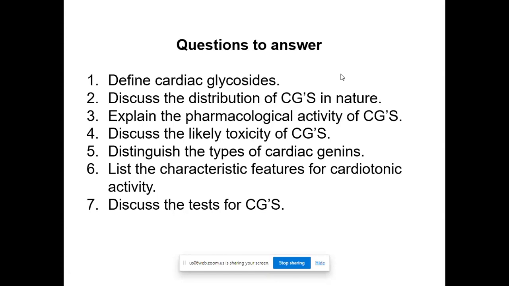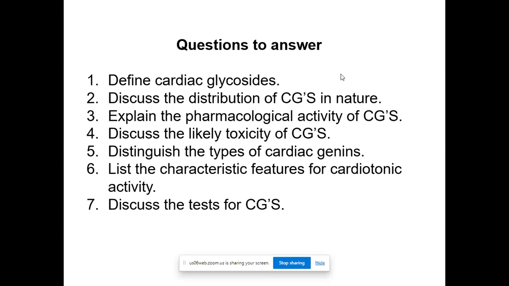Maybe Viola tusaidie, she's an expert in pharmacognosy. Viola, tusaidie hiyo swali. Ameniambia ako busy. Haya, wacha tupe tu Janet. Janet, take over.